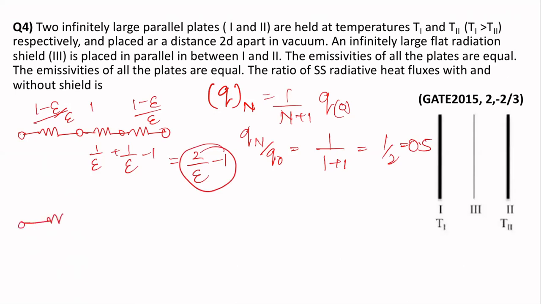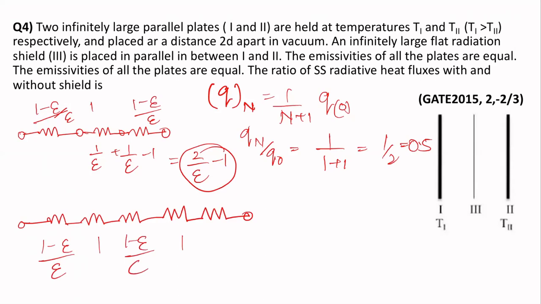In this particular case there will be 5 resistances, and there are 2 ones, and this looks something like this. Just add them up.